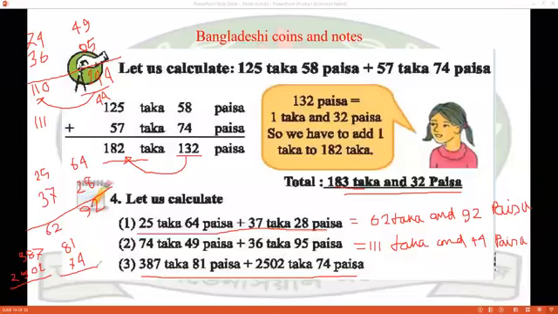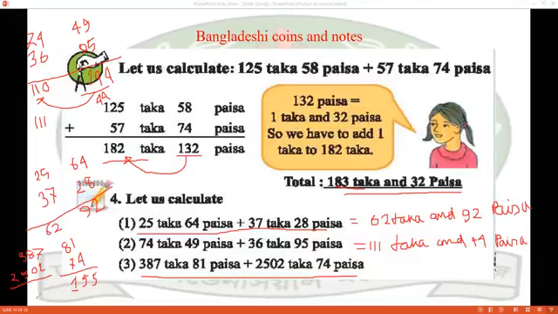At first, we have to add the amount of paisa. So 81 plus 74, it will be 155.